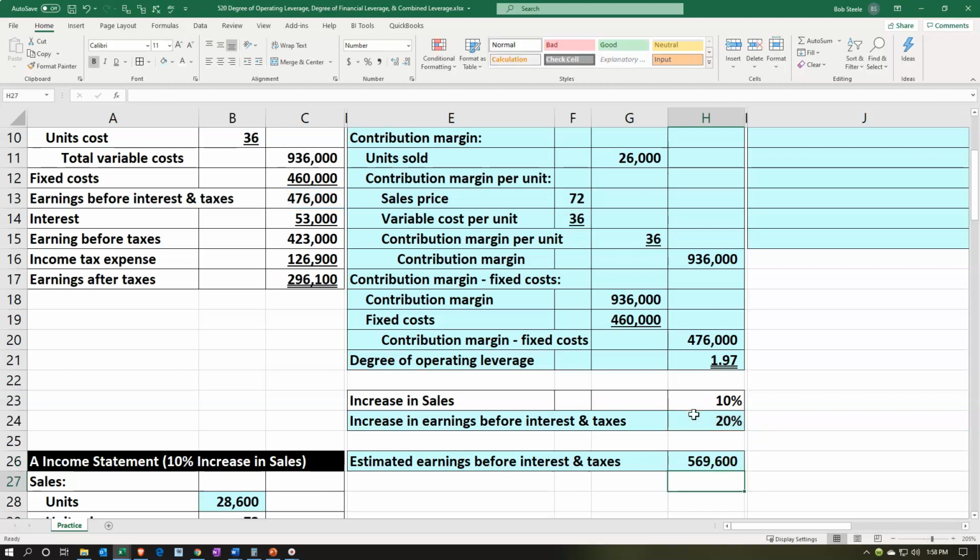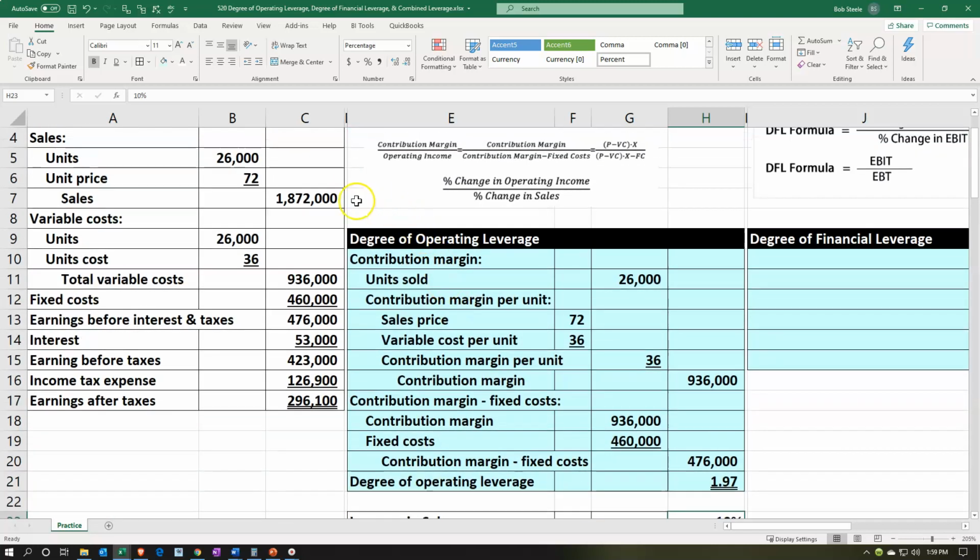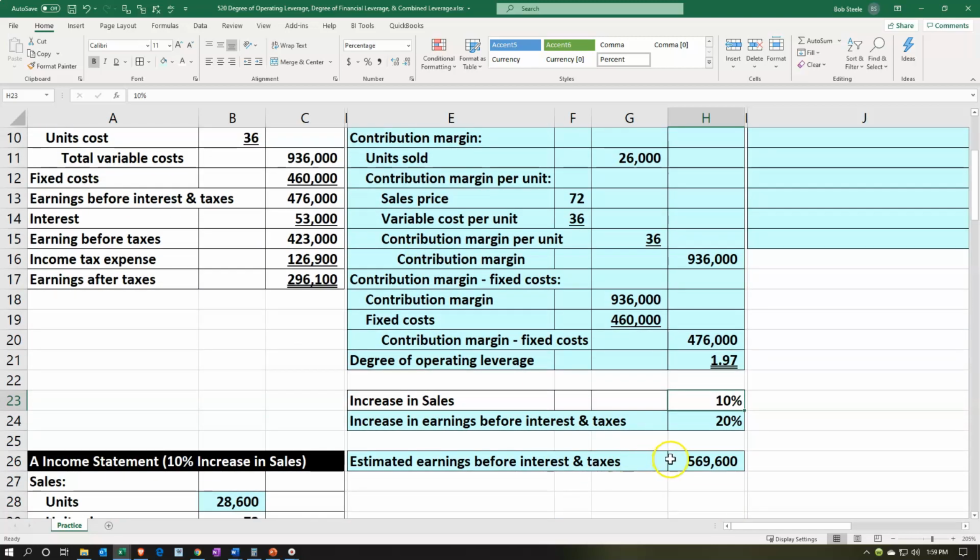That means the earnings would go up to the 569.6. So if there was a 10% increase in sales here, then the earnings before taxes and interest, our operating income, would go up to that 569.6.